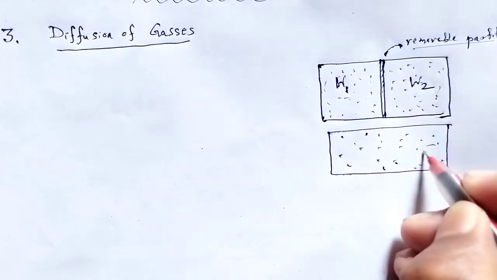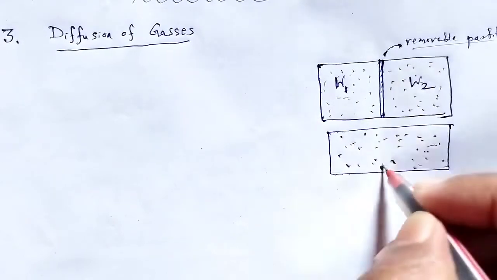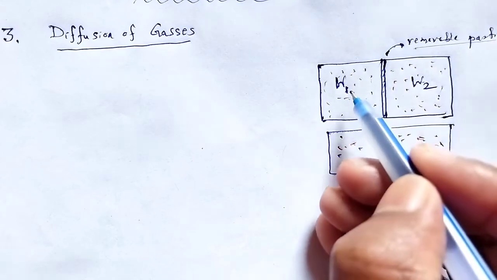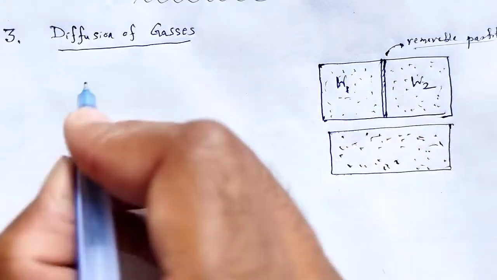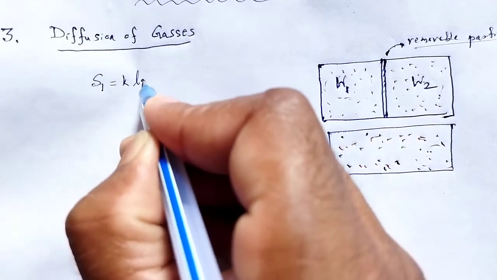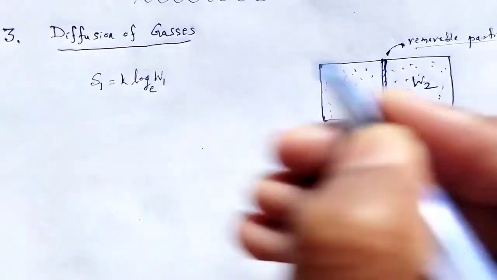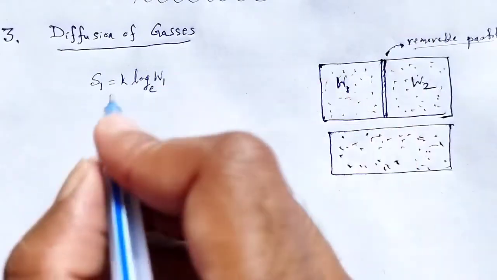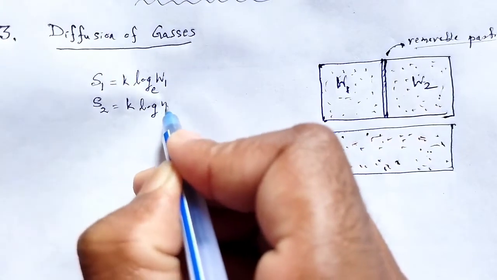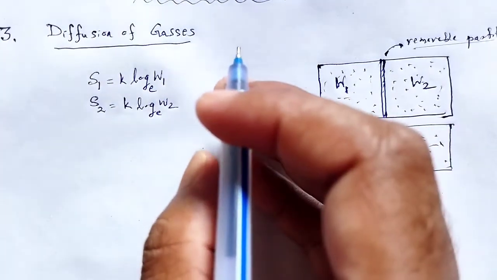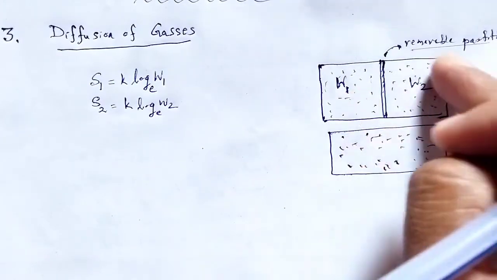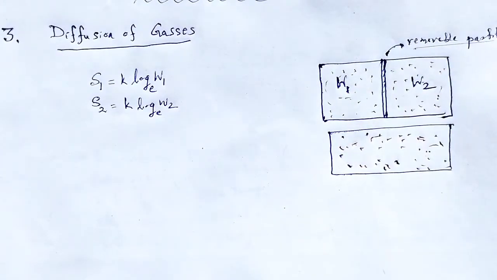What should be the change in entropy of the system? First, the entropy of the first half, S1, is K log W1. The entropy of the second half, S2, is K log W2.